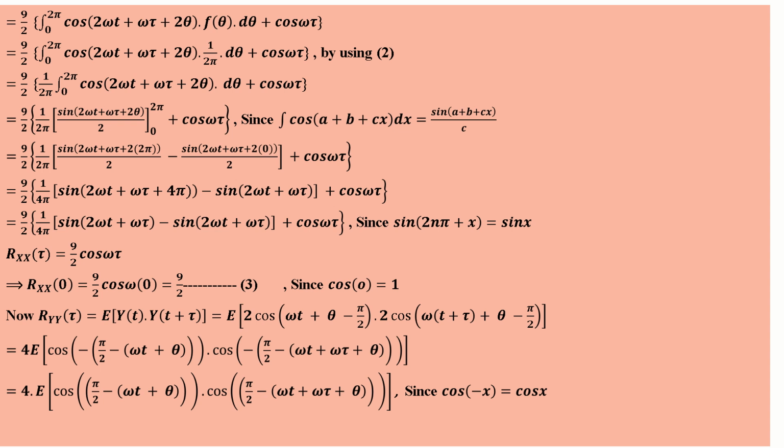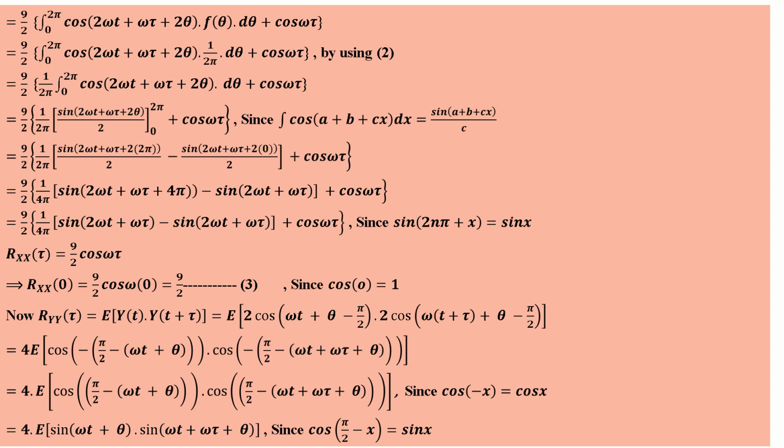We know cos of minus x is equal to cos x. So we get 4 into the expected value of cos of pi by 2 minus omega t plus theta, second term cos pi by 2 minus omega t plus omega tau plus theta. Now we use the formula cos of pi by 2 minus x: instead of cos you get sin x.